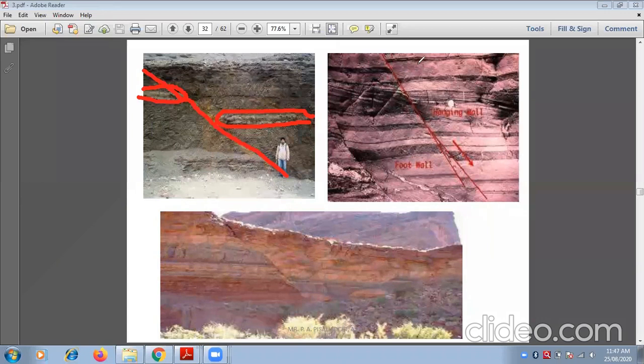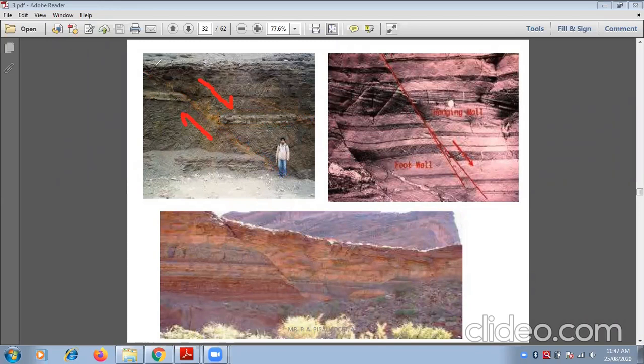Now how are they displaced? Here you can clearly see that this block moves towards the downward direction, and this block moves towards the upward direction.